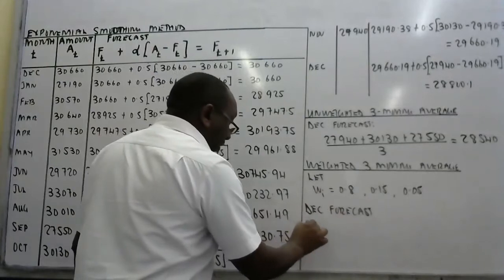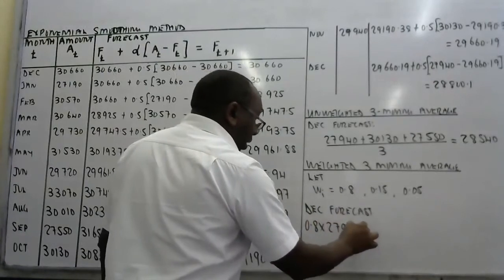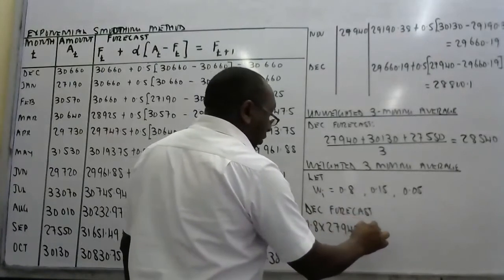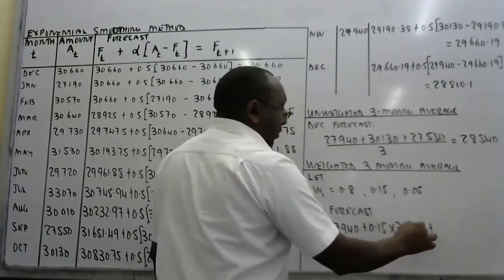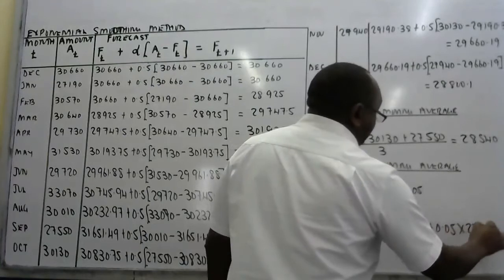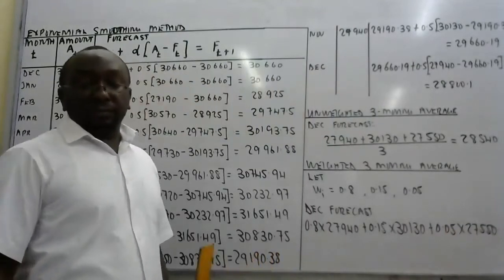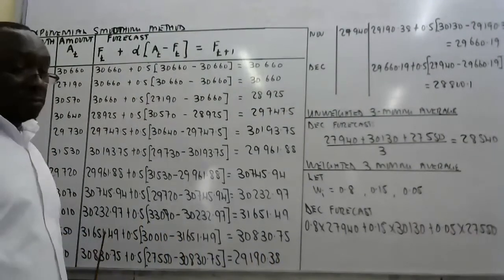So we will say 0.8 times the most recent, which is 27,940, plus 0.15 times 30,130, plus 0.05 times 27,550. $28.